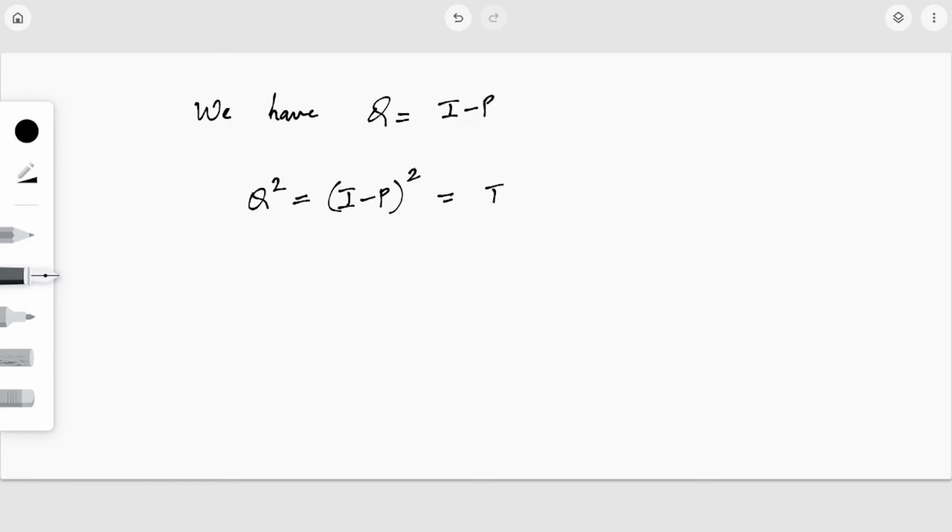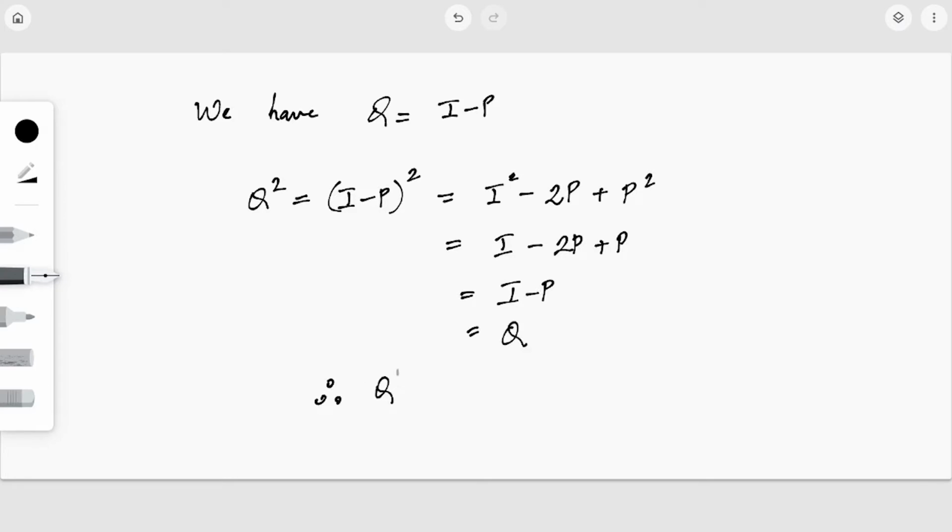Let me expand this: that is I square minus 2P plus P square. Now P is a projection, so P square is P itself. So this is I minus 2P plus P, that is again I minus P, which is equal to Q. So we get Q square is equal to Q.